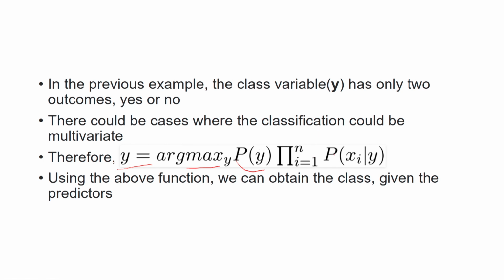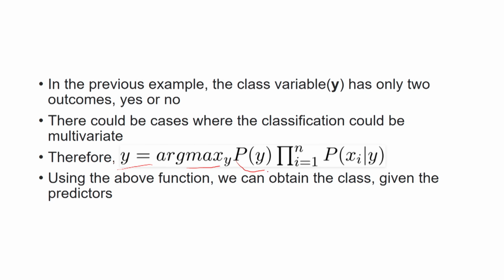So, this is the right hand side of the previous expression: probability of x1 given y into probability of x2 given y into probability of x3 given y into probability of y.